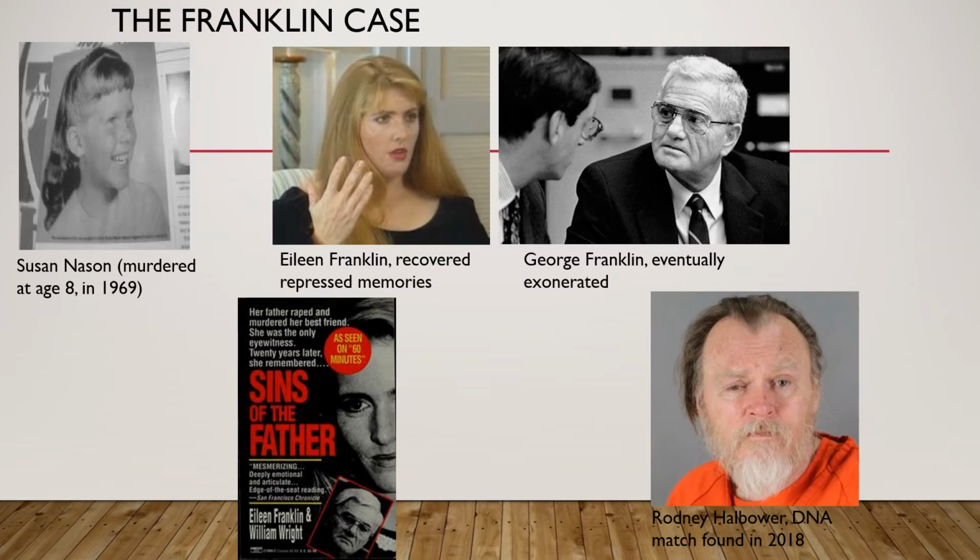Furthermore, it gets curiouser and curiouser. Eileen Franklin's credibility was called into question even more because she later contended that she had also recalled repressed memories of 2 other murders committed by her father: the murders of 18-year-old Veronica Casisco and 17-year-old Paula Baxter.